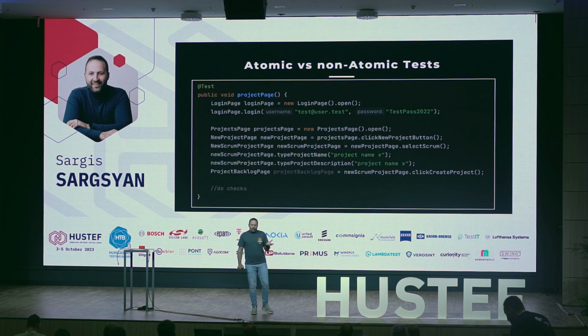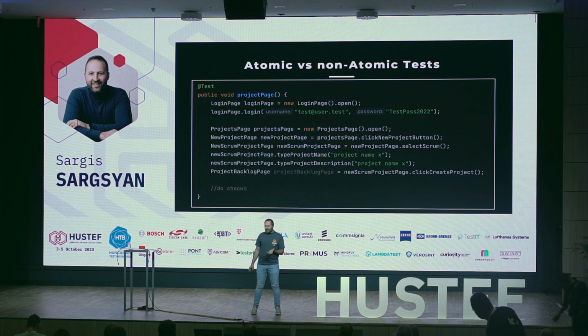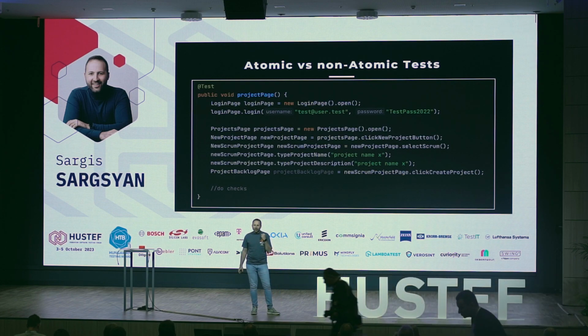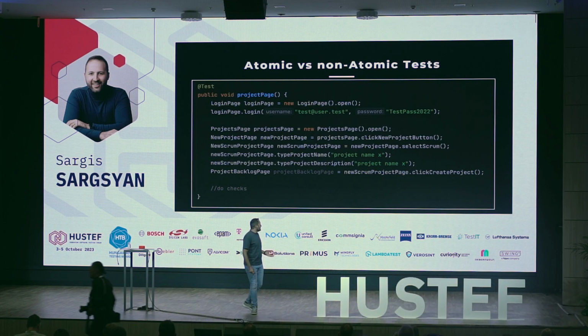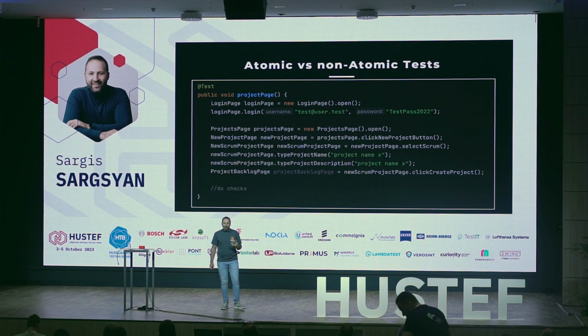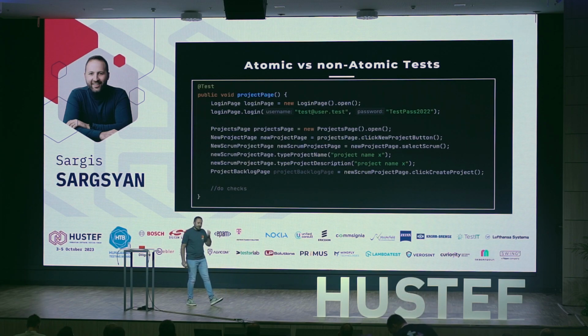Whenever we are talking about atomic versus non-atomic tests, I want to show you this example. This is an example of a non-atomic test because it's logging in from the UI, opening the project page, selecting some options, giving a name, and then going to the project detail page to do some checks.